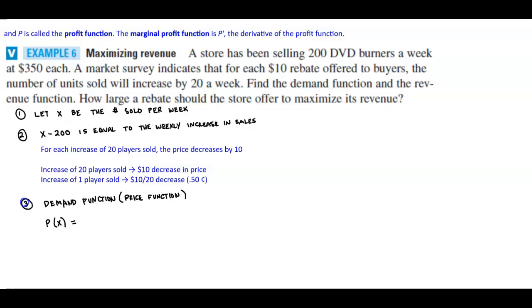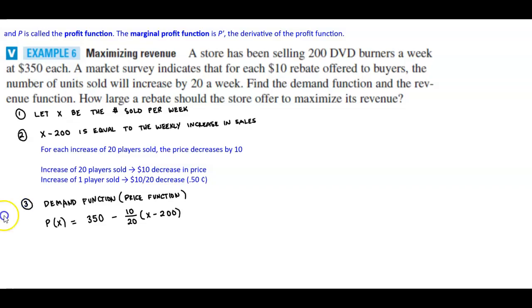Okay, so in order to find the price function, we know the store has been selling the burners at $350 each. So we have 350, and then we're going to subtract 1 player of the x minus 200. The 1 player is going to be 10 over 20 times x minus 200.